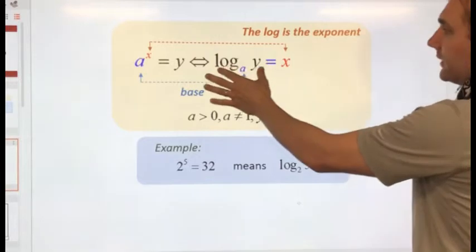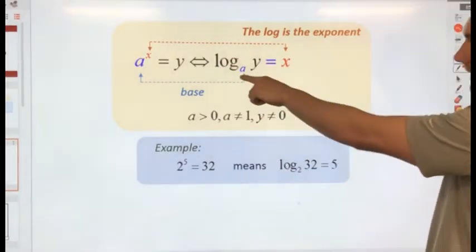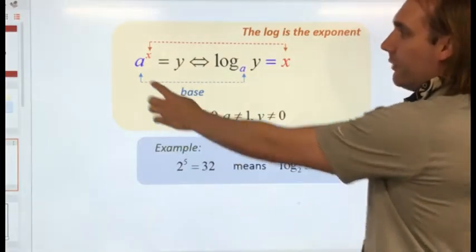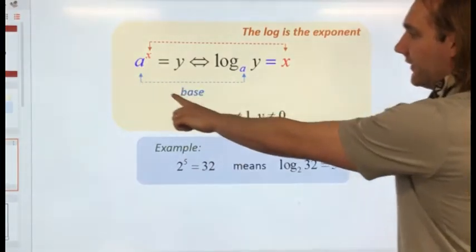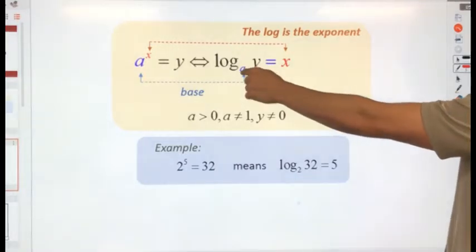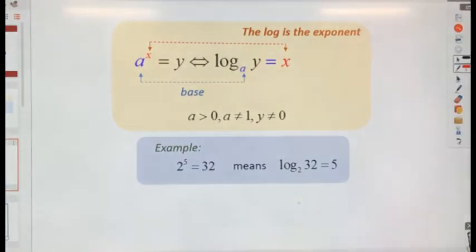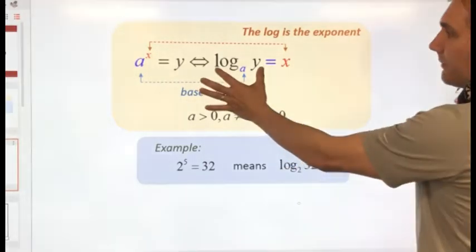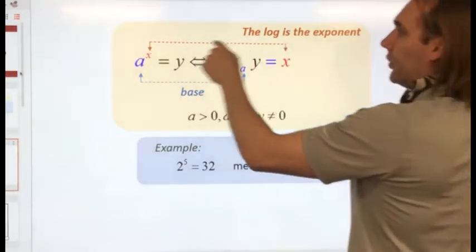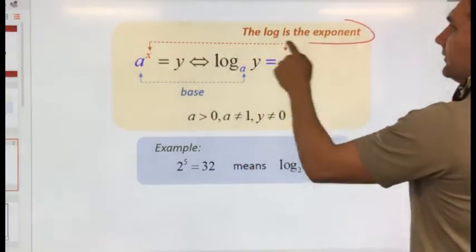Its format for log is log with the base a of y equals x. Now notice, what we call the base with the exponent is the same thing we call the base of the log. The base for the log is that little number down there on the bottom. And see how my log equals a number. That number will be your exponent.